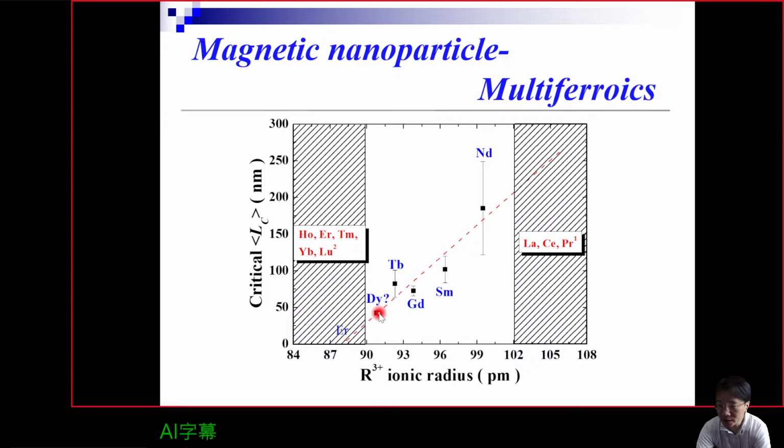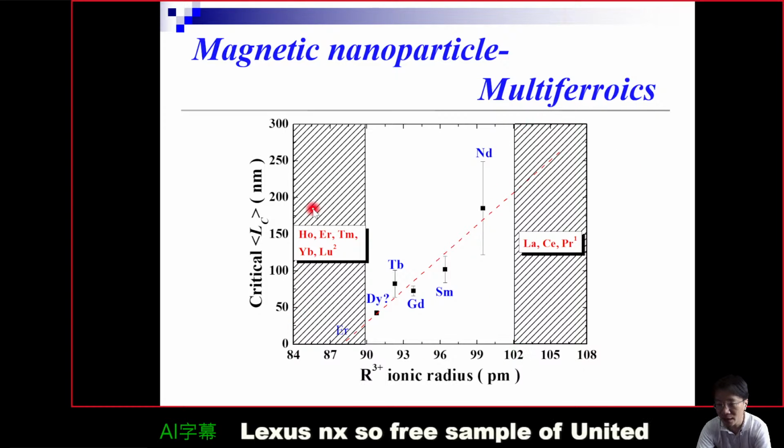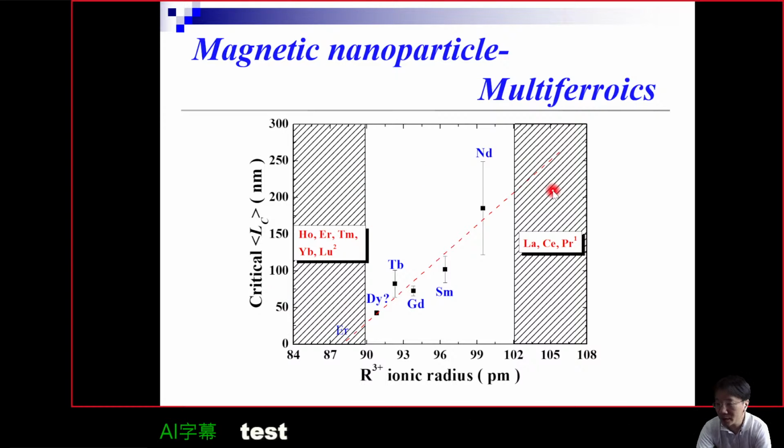So we found there seems to be some rule. That is, if we have a larger ion size, then it will have a larger critical length. So here are 3 samples that we have not yet tested, and there are another 5 samples we have not yet tested. So what does this mean?